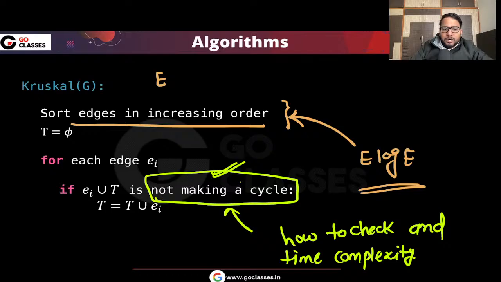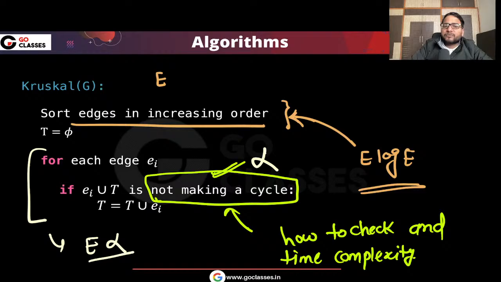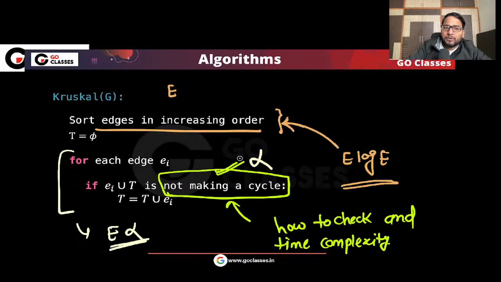See, let's suppose the time complexity to check for a cycle is alpha. You are running this E times, remember, so this for loop will be E alpha in total. Then Kruskal's time complexity will be how much?